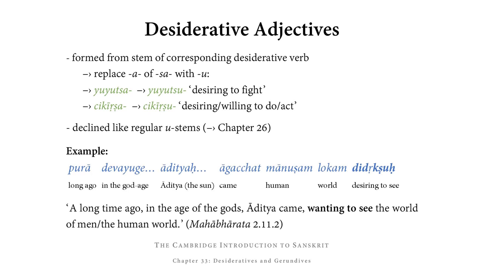Agacchat, came. Mānuṣaṃ lokaṃ didṛkṣuḥ. Didṛkṣuḥ is the desiderative adjective of dṛś, to see. So didṛkṣuḥ is desiring to see. Desiring to see whom or what? Mānuṣaṃ lokaṃ, the human world. So altogether we get: a long time ago in the age of the gods, Aditya came, wanting to see the world of men or the human world.